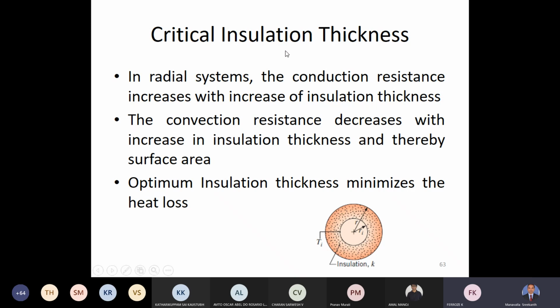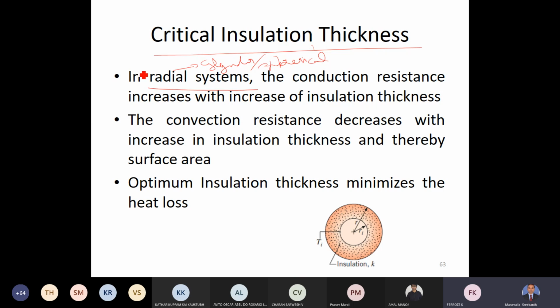Okay, so because of that, we have this concept. So we'll see what this is. Now this particular concept is applicable only to radial systems. Critical insulation thickness concept applies to radial systems only. What are radial systems? Radial systems are either cylindrical or spherical, not a slab.